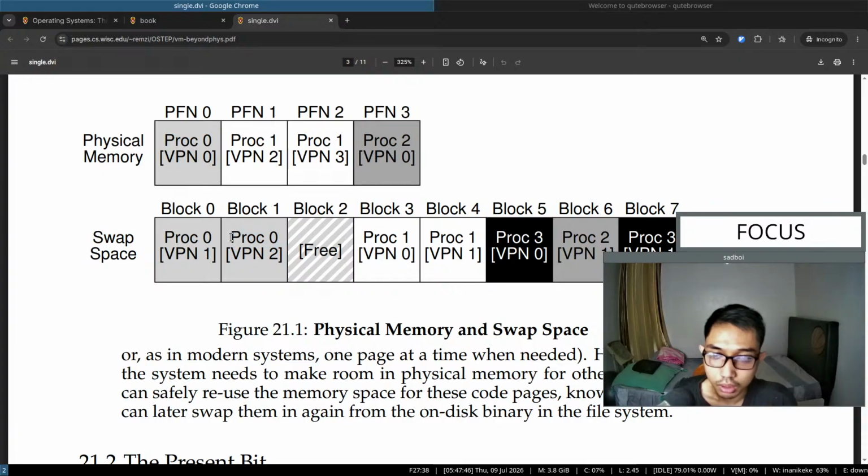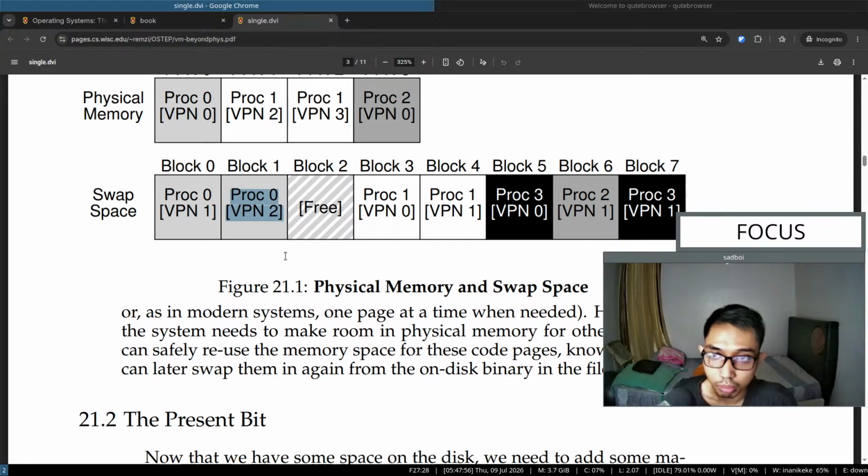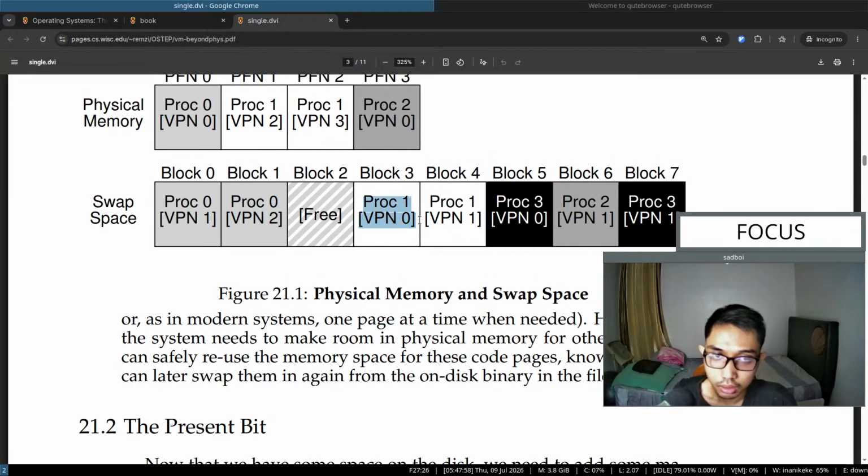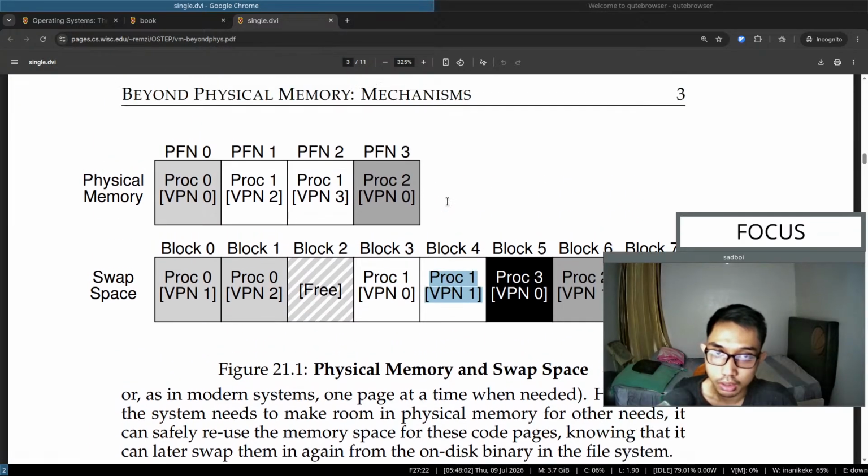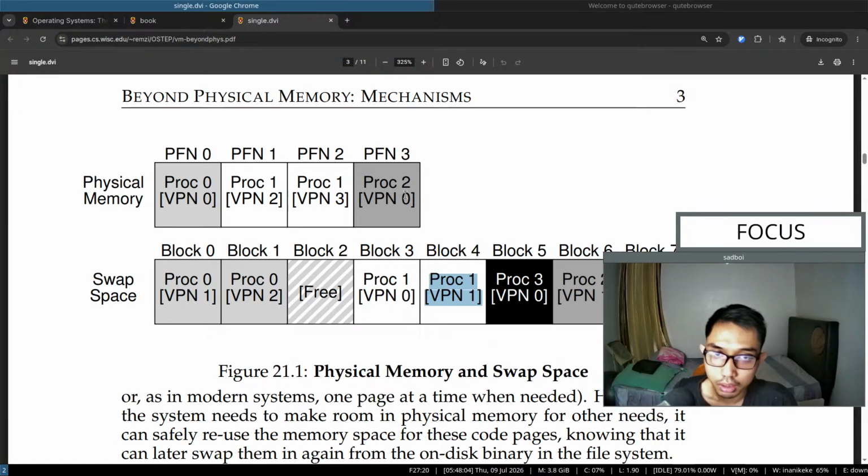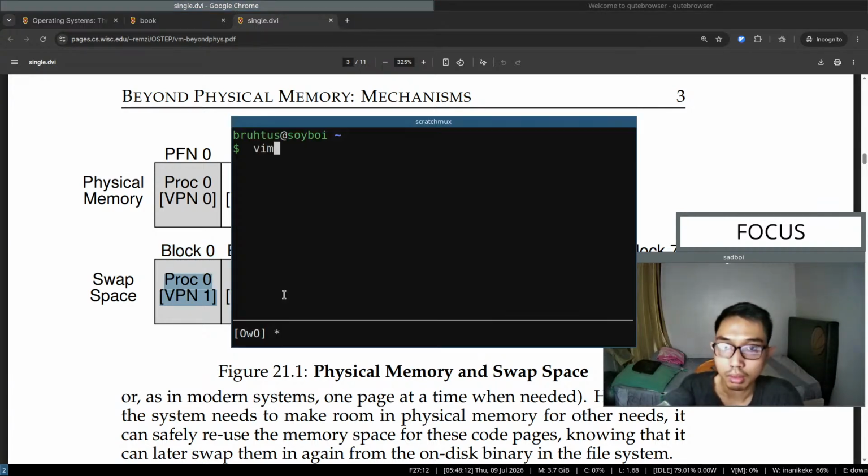Are we automatically putting the unused page into swap space, or maybe we are waiting until the physical memory is full, then we use the swap space, something like this.